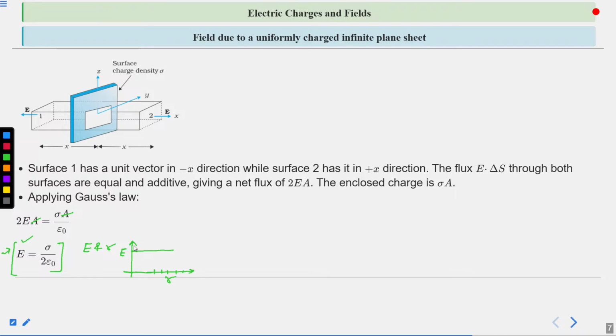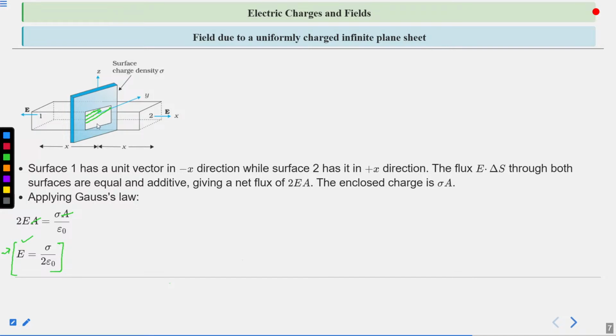One question for you. Suppose there is only one face, only the right face, which is positively charged. In that case, what will be the electric field?